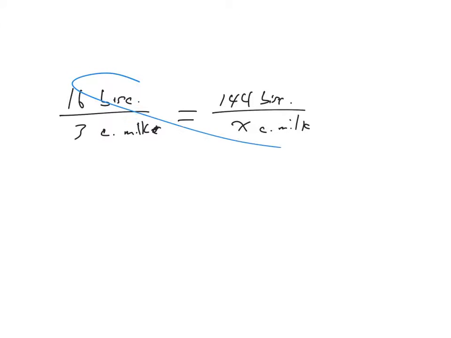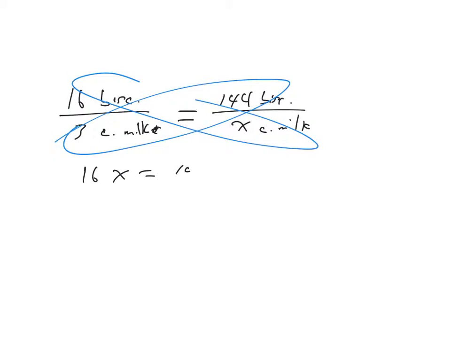And then if we cross multiply these numbers, we end up with 16 times X is 144 times 3. And if you solve that, then you will get that X is 27. So you can set it up as an algebra problem, just thinking about it in terms of proportions, or you can think of it in terms of batches of biscuits.